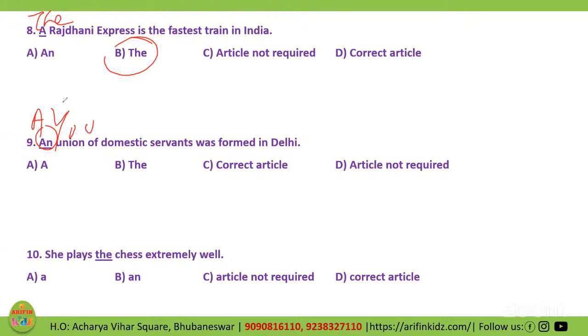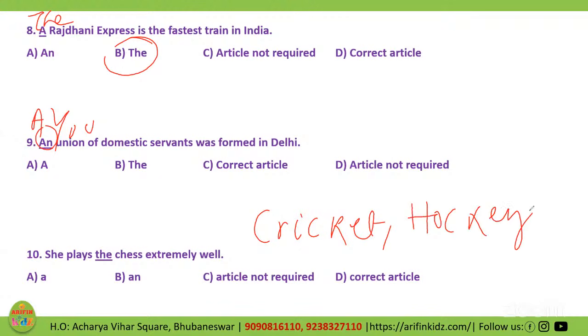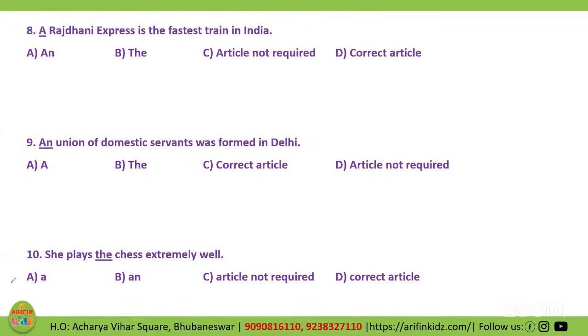Sporting events, all kinds of sports like cricket, hockey, they never proceed with any articles, right? So they are substantial in terms of their definition. So she plays cricket, chess, hockey extremely well. So article not required. Yes, correct answer. Super. बहुत बढ़िया. Everyone is having very correct answers. Superb.